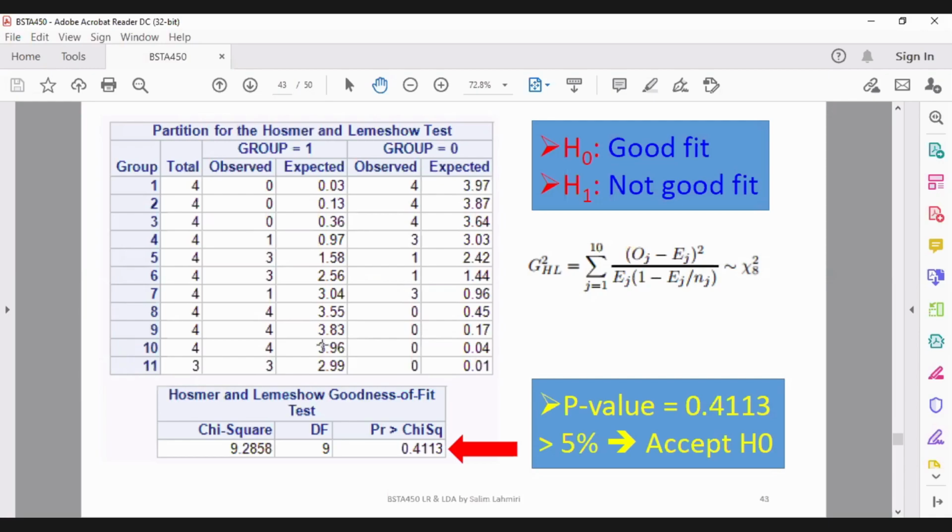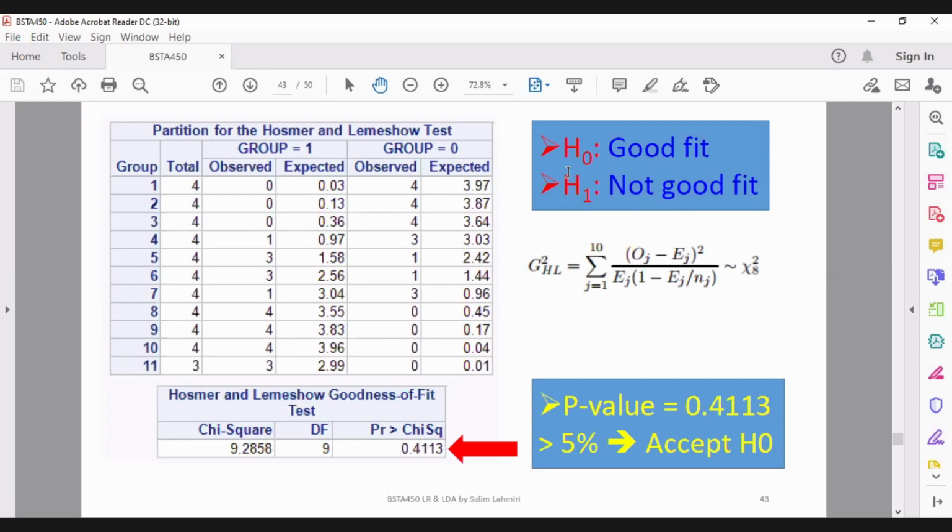SAS-EG will give you Hosmer-Lemeshow goodness of fit of the regression model. Under the Hosmer-Lemeshow test, the null hypothesis H0 is a good fit. H1 is it's not a good fit.